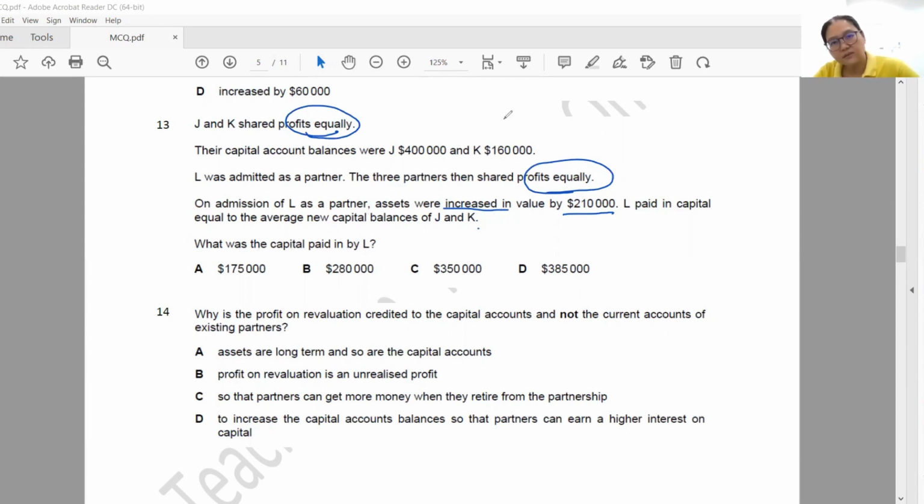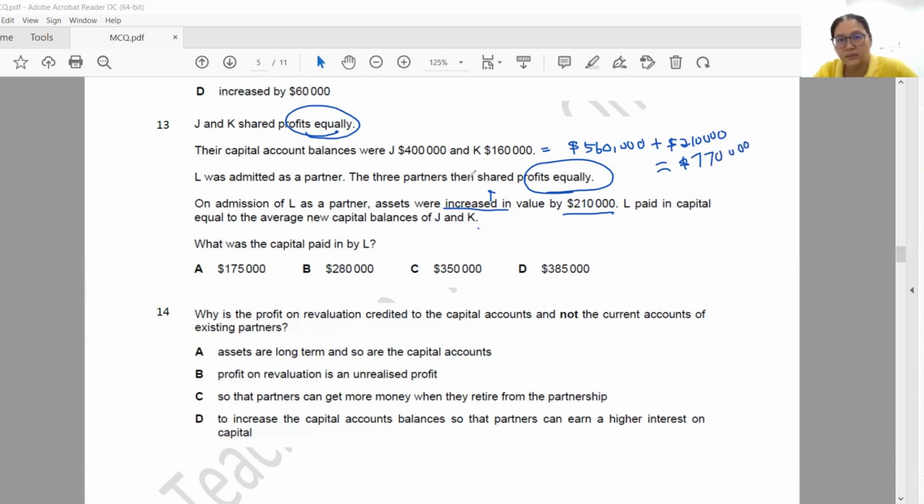First of all, these two total 560,000. The increase of 210,000 has to be added, which gives a total of 770,000.